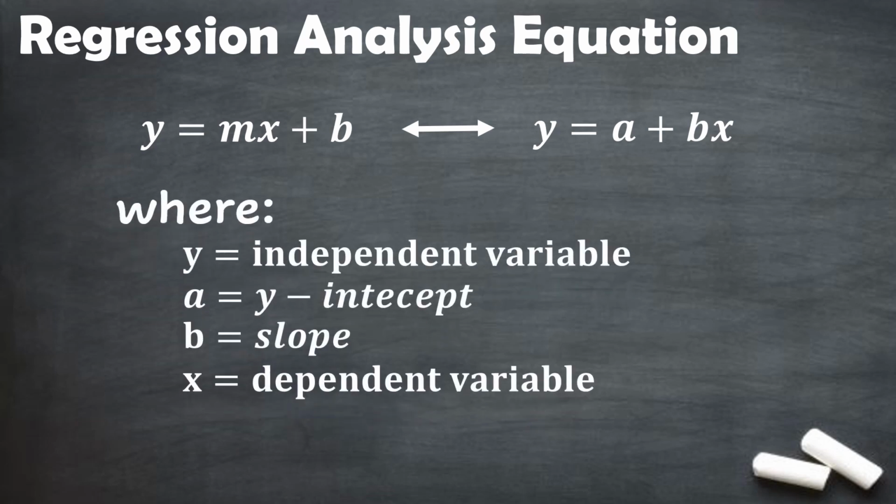Going back to the regression analysis equation, we identify the variables that we will use. So we have y as the dependent variable, a is for the y-intercept, b is the slope of the line, and x is the independent variable.